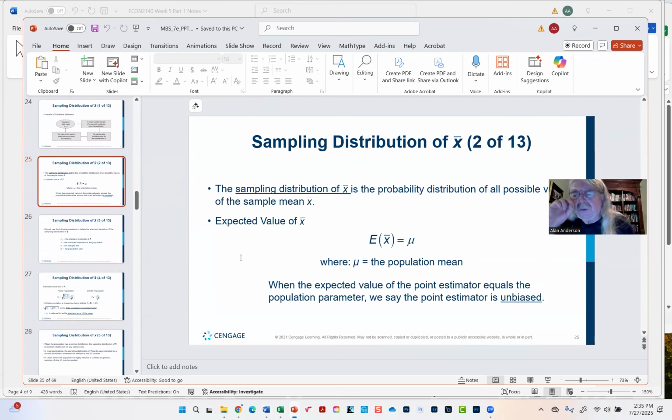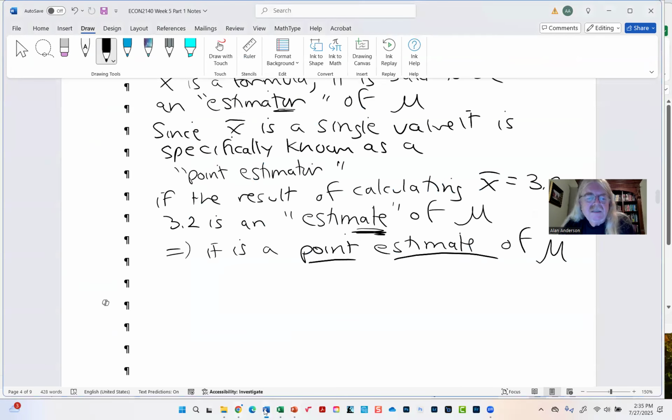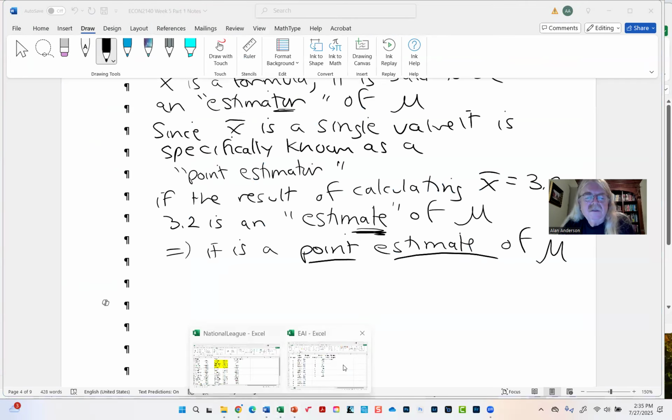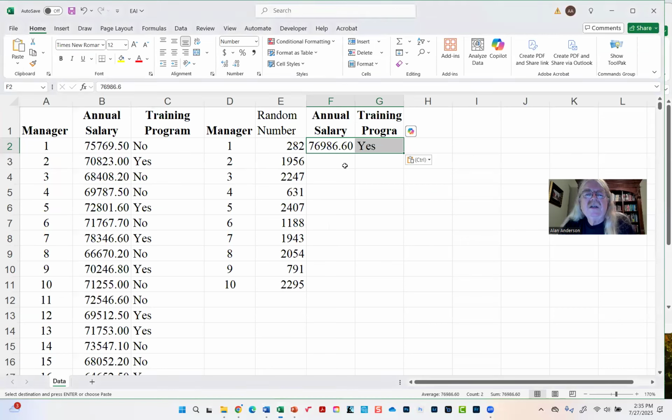We have to be a little careful with these because we're referring not to the actual population, but to the sampling distribution that we created. In other words, if we filled out this entire table, it would itself be a sampling distribution.